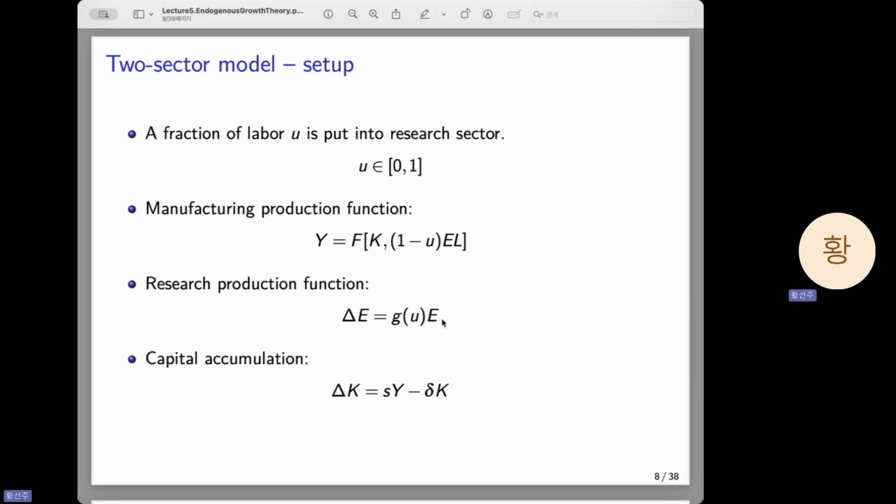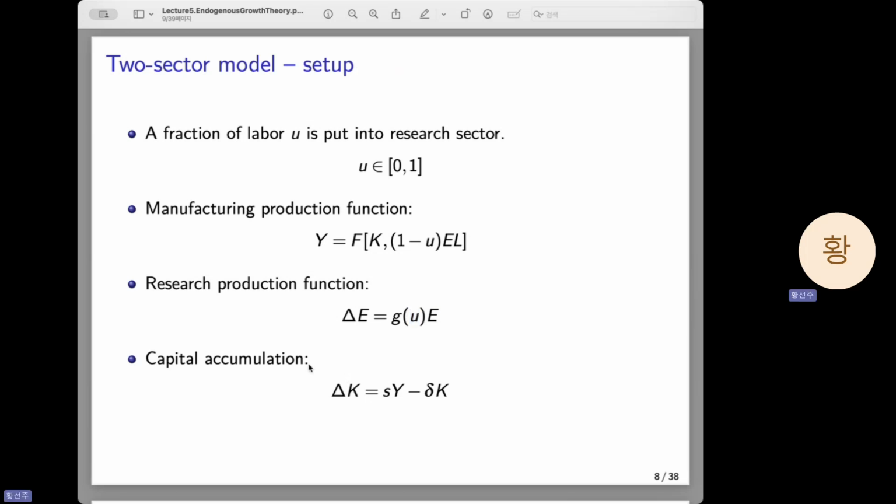Okay, this equation means that the growth rate of labor productivity is defined as a function G. The function G depends on the share of labor in the research sector, meaning that the growth rate of labor productivity depends on the share of labor in the research sector U.